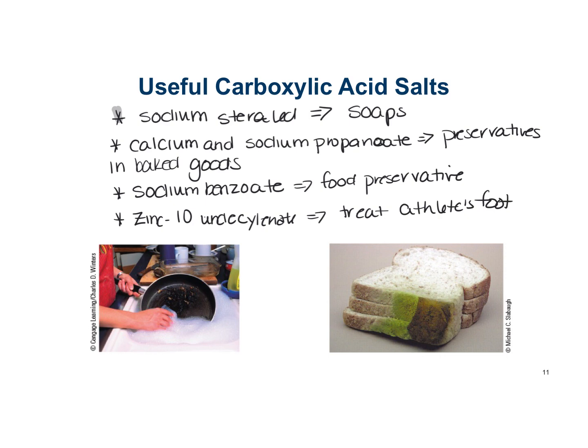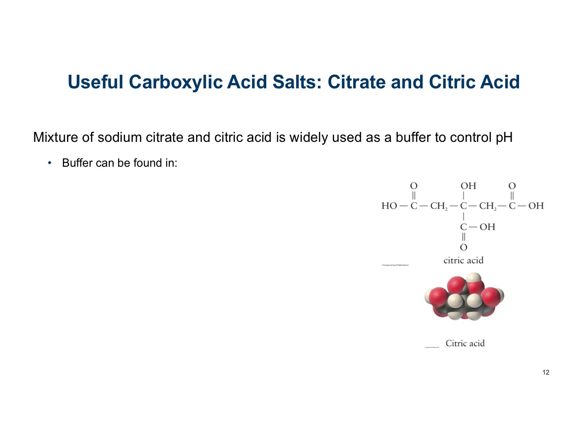So we see lots of these carboxylic acid salts around, and they are used pretty frequently in our everyday lives. Now, we also have another carboxylic acid salt that's used so frequently because it forms a buffer solution. If you have a mixture of sodium citrate and citric acid, it's widely used as a buffer.